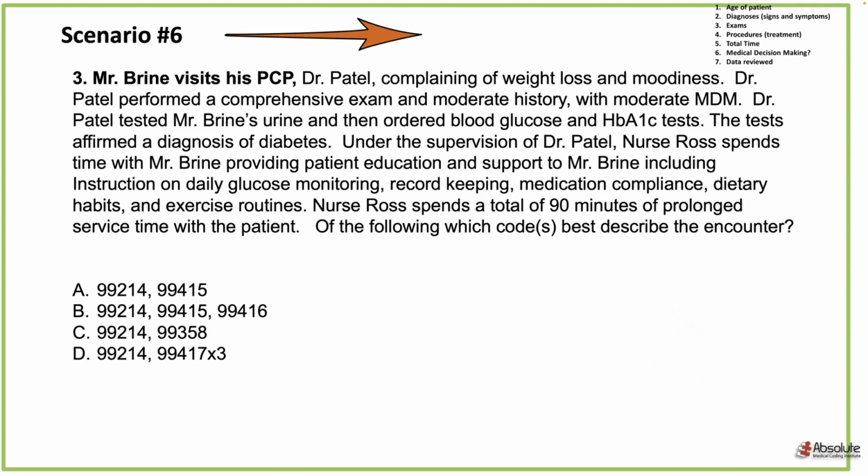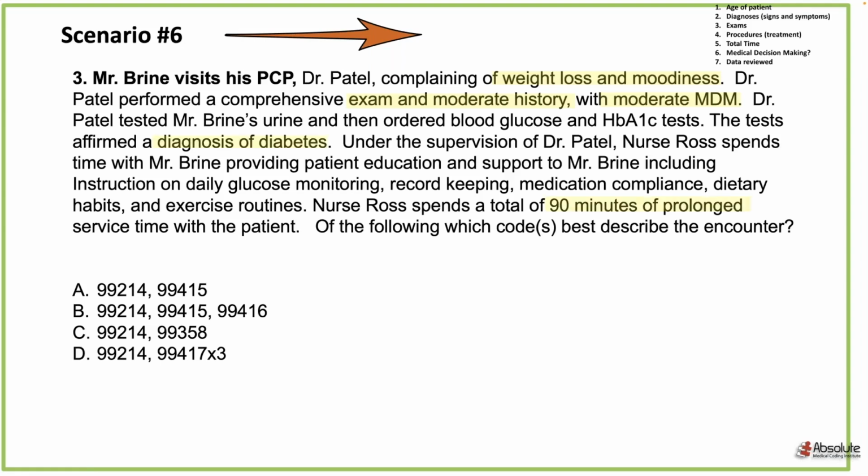All right, time's up, and I love it that I can see you all in the chat today. And I think we got a mix. It's between A and B. Okay, let's go ahead and solve this. Our keywords: weight loss, moodiness, exam and moderate history with a moderate MDM.